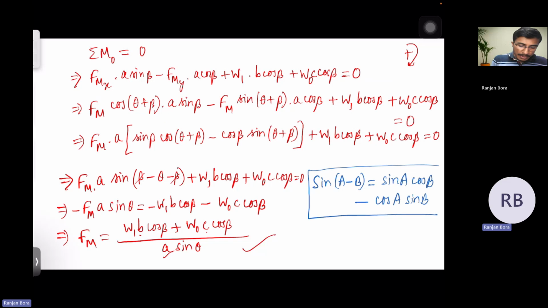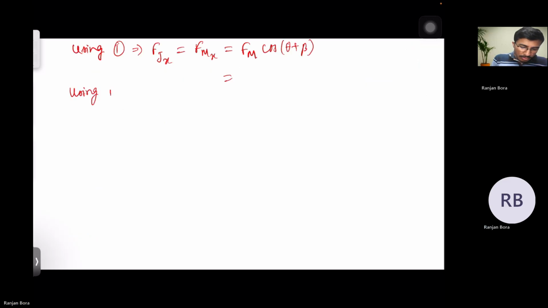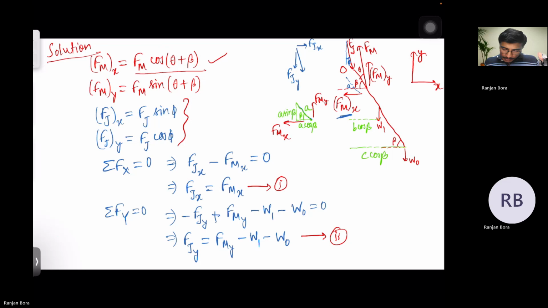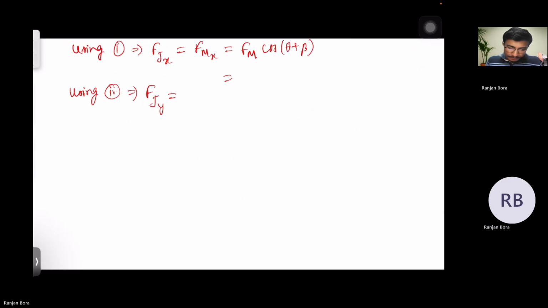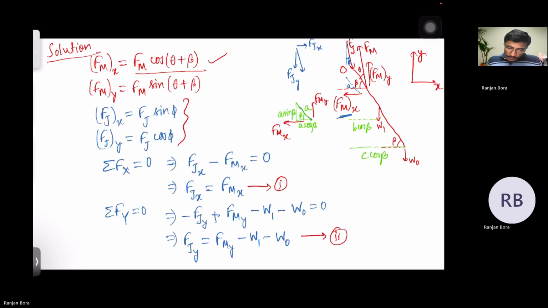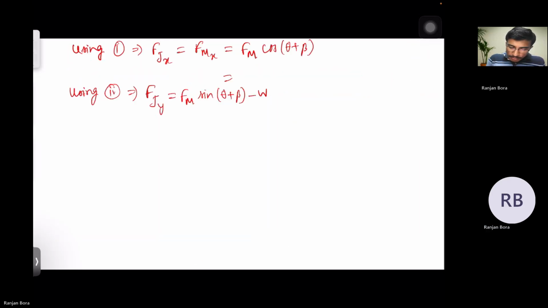Similarly, using equation 2, Fjy equals Fmy, which is Fm sin(theta plus beta), minus W1 minus W0. Again, we can substitute Fm here in terms of the parameters A, B, C, theta, beta, W1, W0.